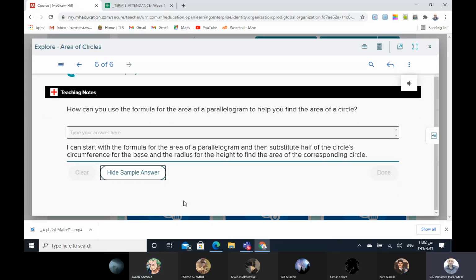I have the area of the parallelogram. Area of the parallelogram, A equals base times height. Now who can tell me what is the area of the circle from the area of the parallelogram, from the relationship between the base and the circumference, and between the height and the radius?